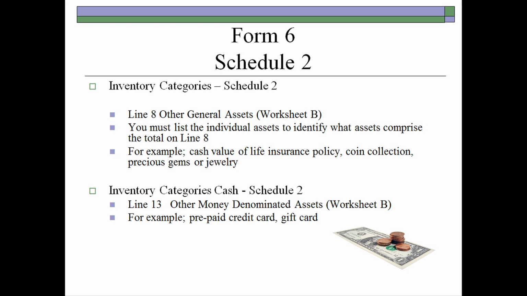Line 13 on Schedule 2 is for other money-denominated assets. These are assets that can be readily used for cash, such as a prepaid debit card or a prepaid store card. These can be used instantaneously to provide for the protected person.